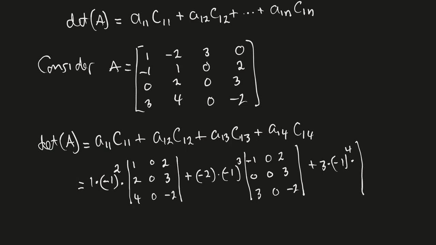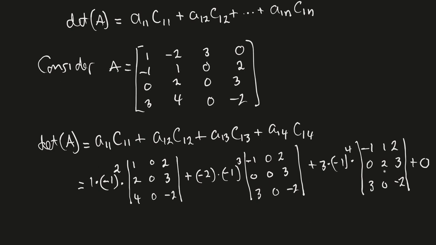the matrix when I block out the first row, third column, so that leaves -1, 1, 2, then 0, 2, 3, and then 3, 0, -2. And then the last term, this entry is 0, so no matter what the cofactor turns out to be, I'll end up adding 0 there.